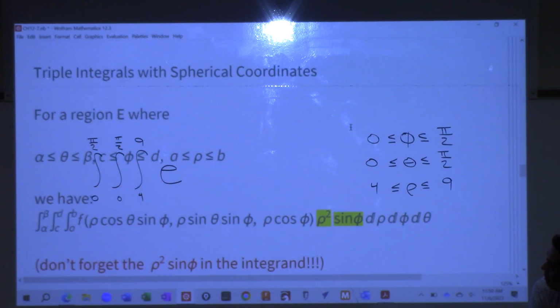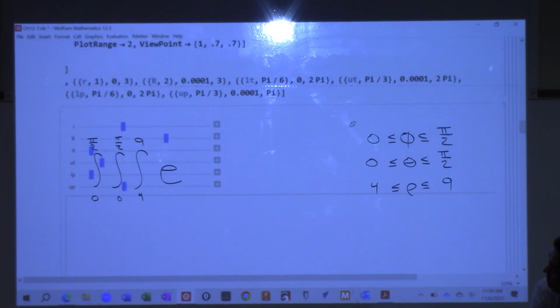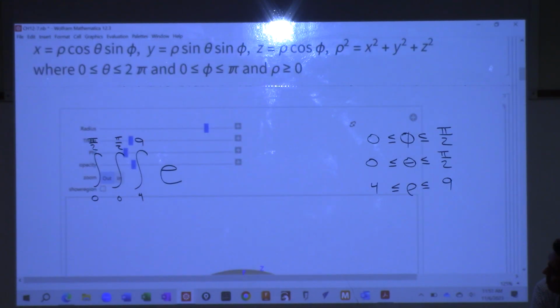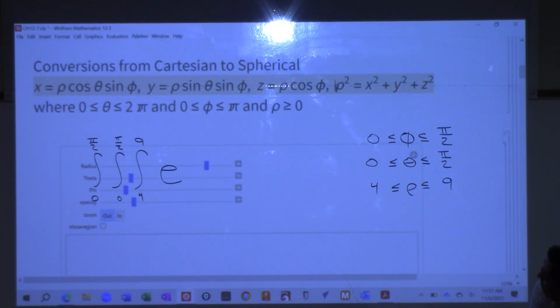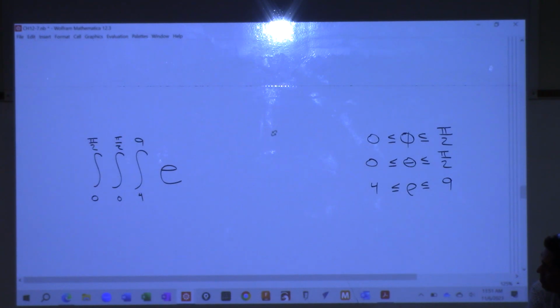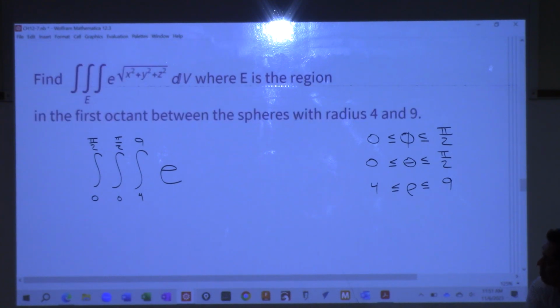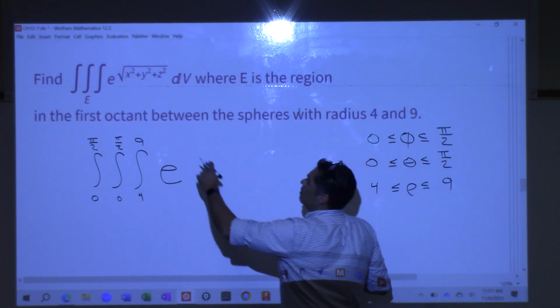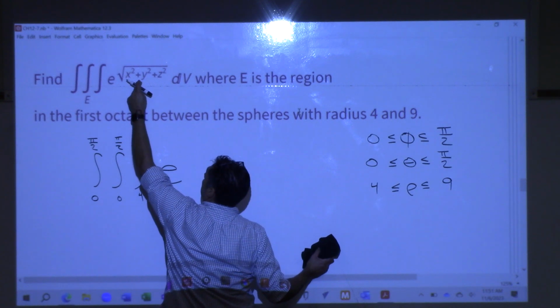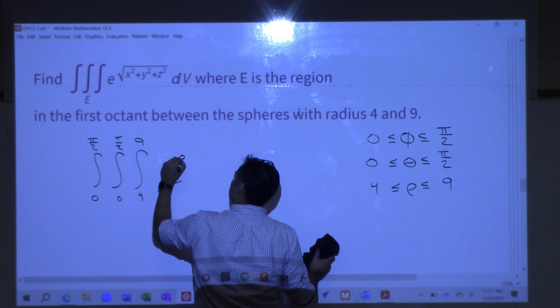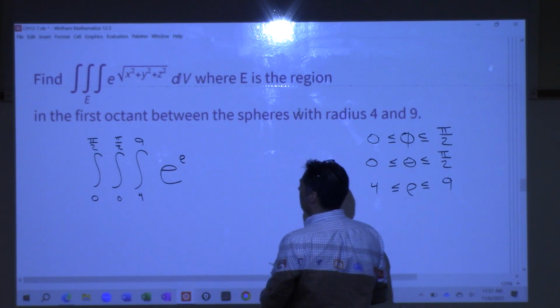Remember, we said there was a spherical conversion right there: x squared plus y squared plus z squared equals rho squared. So I'm just going to put rho squared there. Square root of rho squared, just rho. E to the rho.